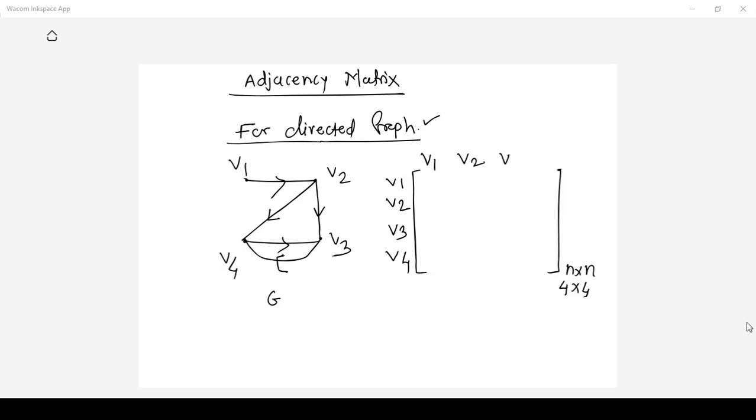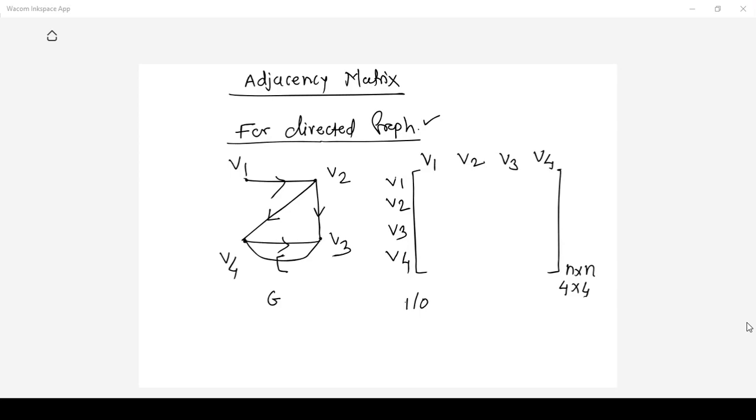In the case of a directed graph, direction is important. So v1 is adjacent to v2, but v2 is not adjacent to v1 as the direction is from v1 to v2. This matrix is also filled up with values either 1 or 0.